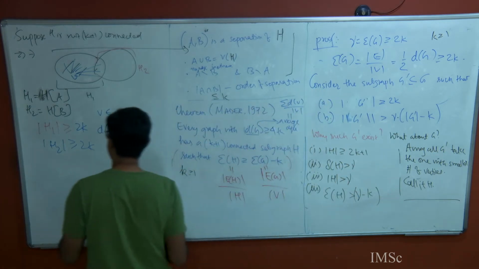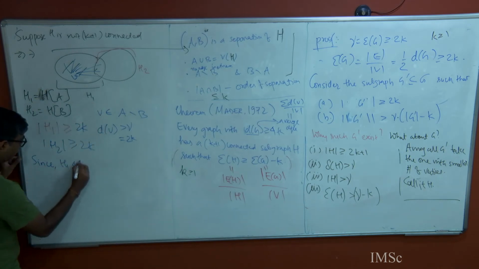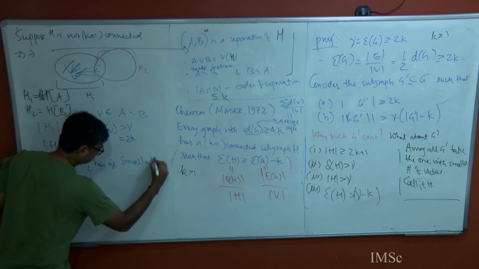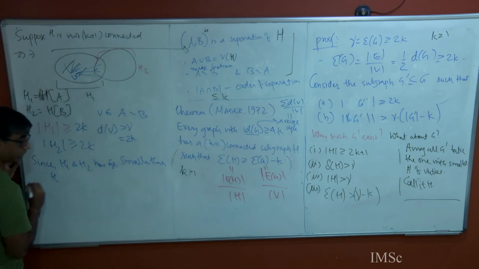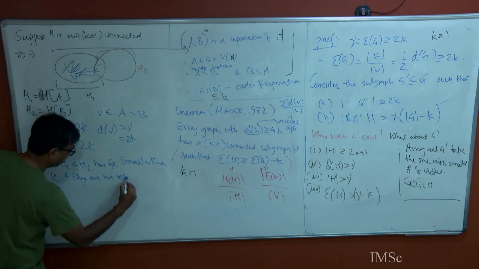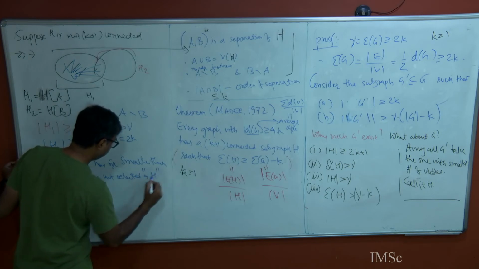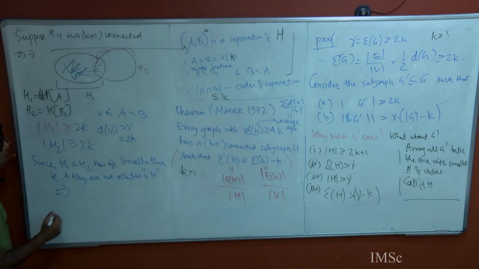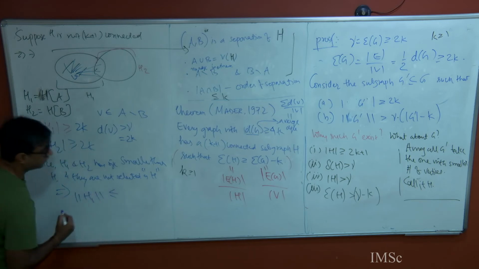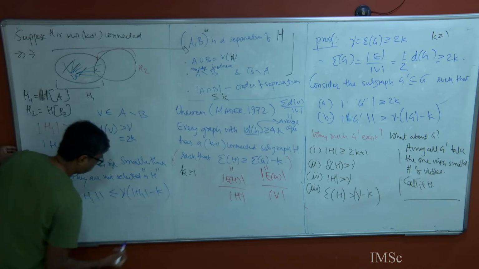Okay. So since H1 and H2 had size smaller than H, and they are not selected as H, what does it imply? It implies that the number of edges in H1 is less than or equal to gamma times (H1 minus k).